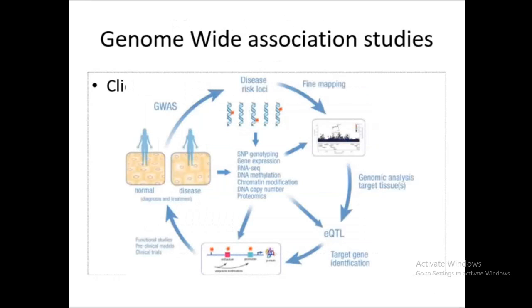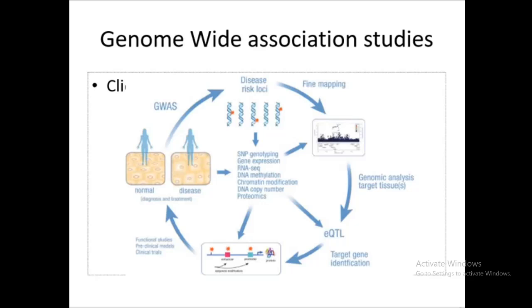So in terms of genomic approaches for identifying genomic biomarkers of interest, one way to do this is through genome-wide association studies. In this situation, you have a normal group of individuals and a disease group of individuals.